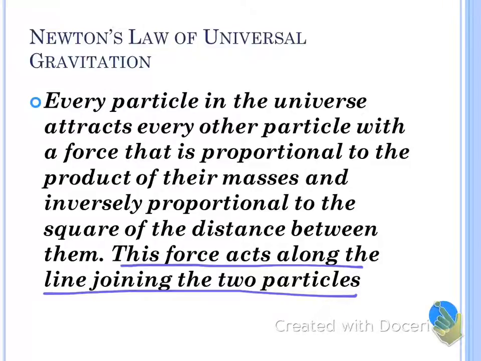The reason we don't start seeing things randomly sliding together is because you're also being attracted to the Earth. And the Earth's mass is so much more than the mass of any other object that it basically takes precedence. It trumps everything else.